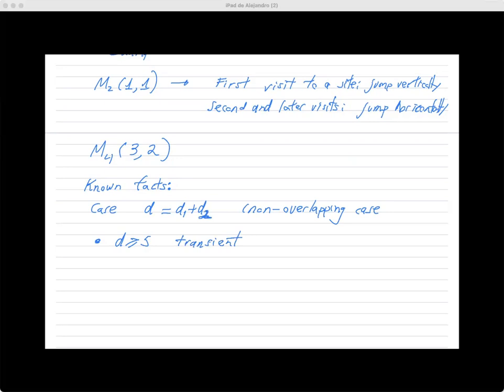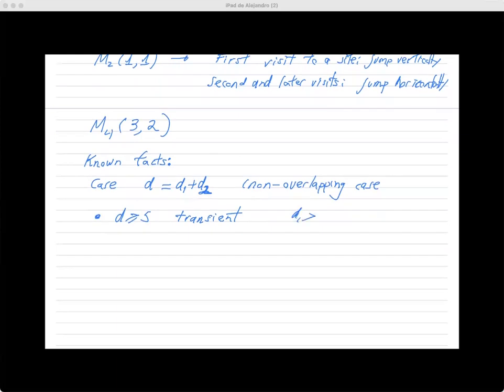You have to justify this a little bit more, but it means there will be some set of 3-dimensional coordinates which are visited an infinite number of times as a simple random walk in a different time scale, and this will give you the transience.